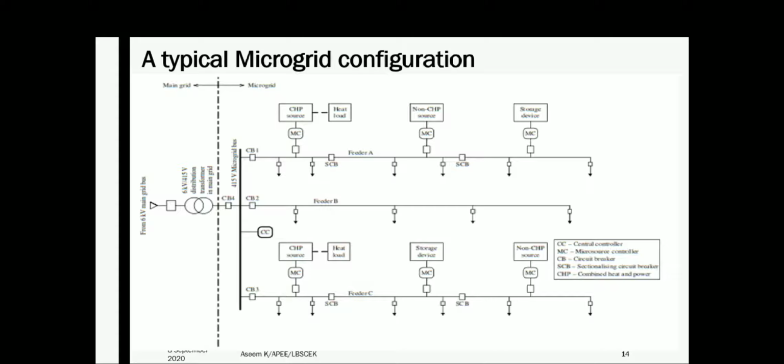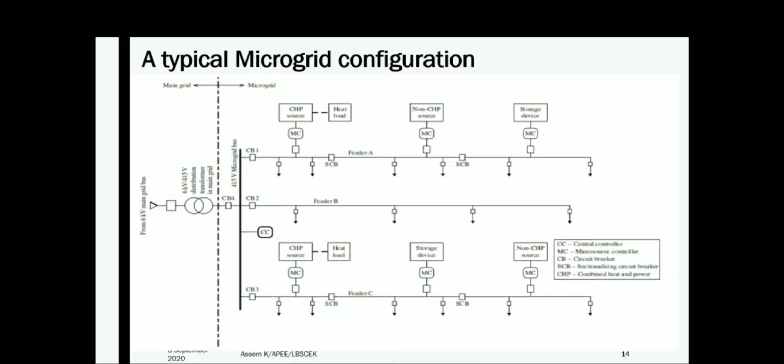That means even if a contingency occurs, such as any fault in the main grid, you can ensure power to the priority loads by keeping the connection to the particular feeders, and as feeder B has no priority loads, you can disconnect it.